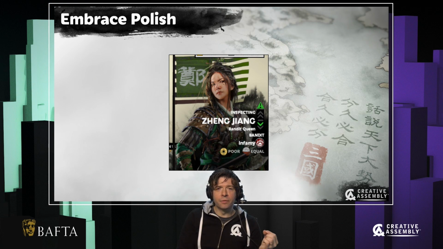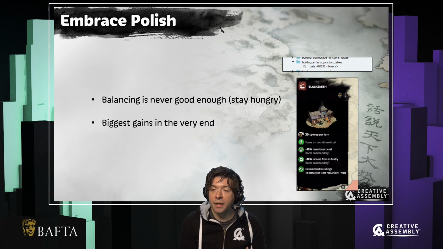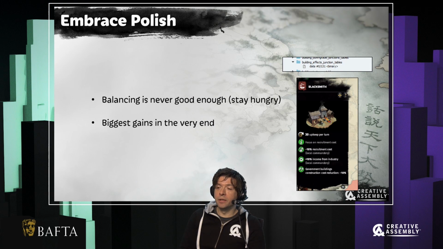But it's also interesting from a balancing point of view, because obviously at the end of your project, you will have limited time. And you need to think about how to spend that time, and how to gain the most from the time spent. As a baseline, I would make the assumption that balancing is never good enough.